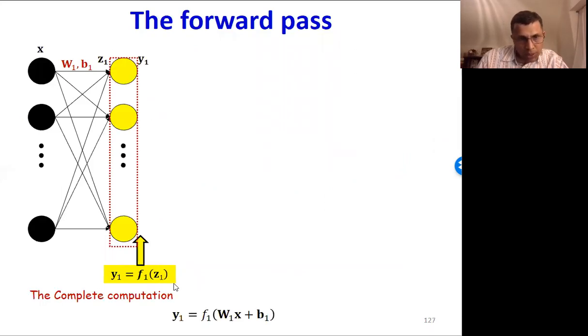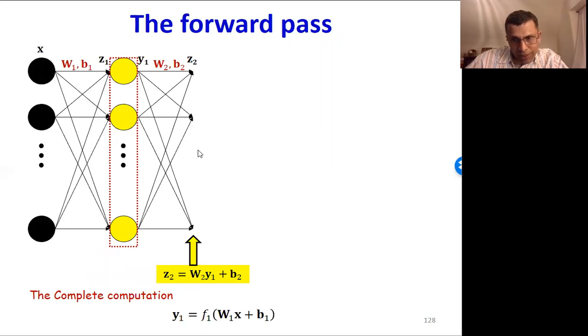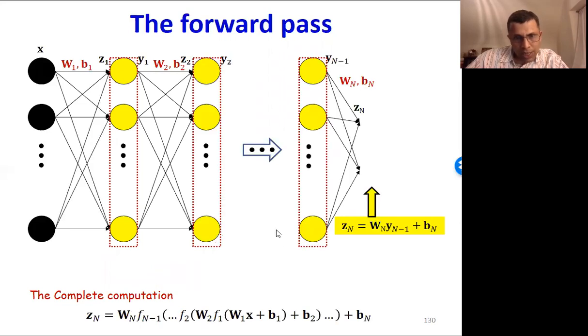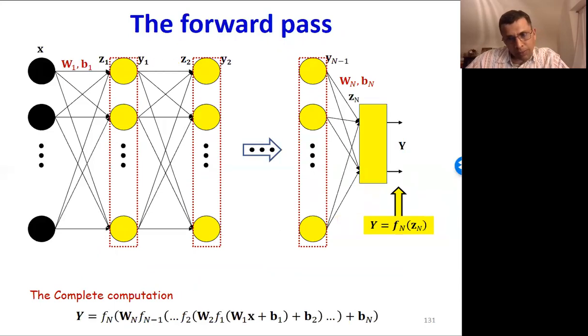Then we compute the output vector for the first layer, which is simply obtained by applying the first layer activations to the affine vector at the first layer. And then you compute the affine vector for the next layer by using the weights matrix and bias for the second layer. And then you compute the output of that layer, and so on until the affine values for the last layer, from which we can compute the output of the network.